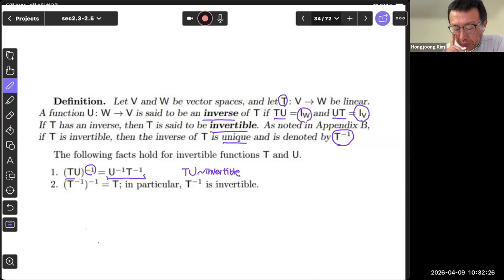And if T is invertible, then T inverse will also be invertible, and the inverse of T inverse will be T itself. So this slide shows the definition of an inverse or invertible mapping for any linear transformation.